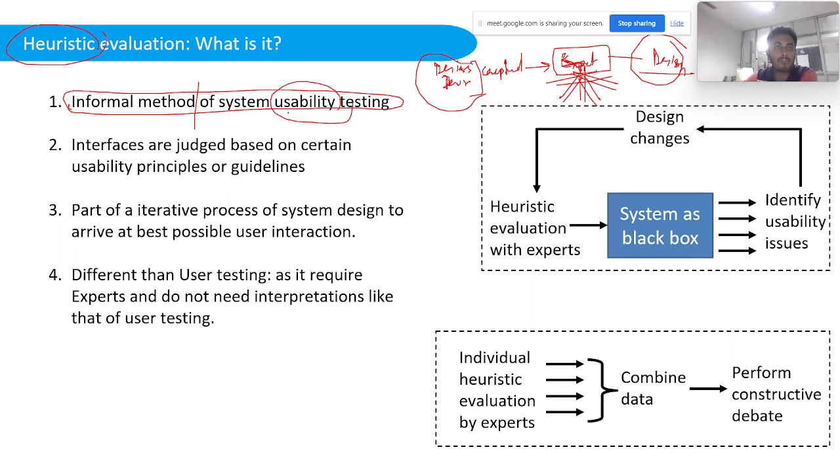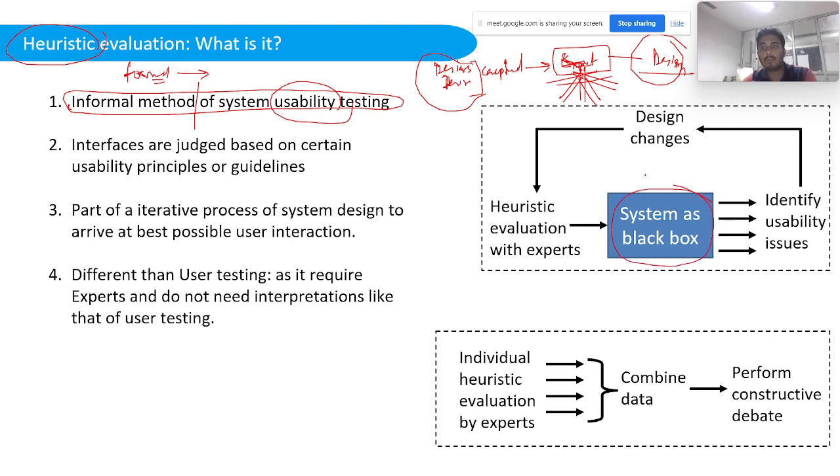A formal method would be when the expert evaluates the system based on the parameters that are necessary for that particular system or interaction. However, this is informal because here we consider the system as a black box.